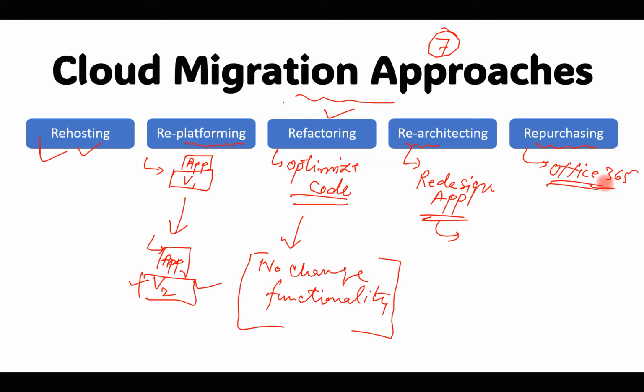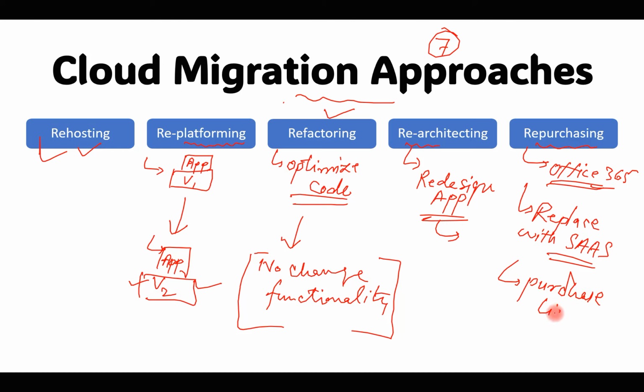But in this case, we are going to replace them with a SaaS application. That means a software as a service application where we just need to purchase the license and directly use it, and we can remove our whole infrastructure related to this particular service, so we can save lots of money.